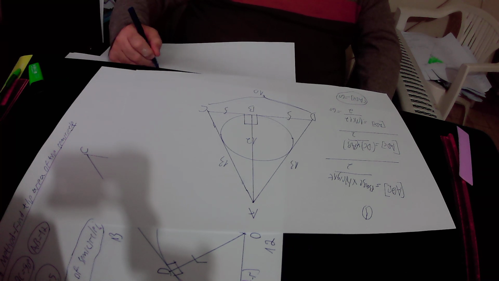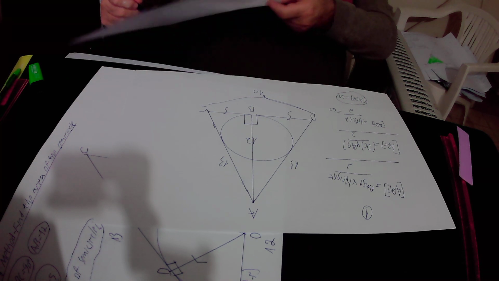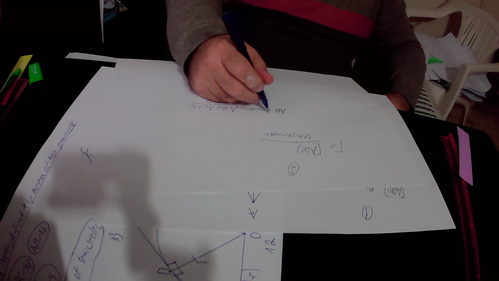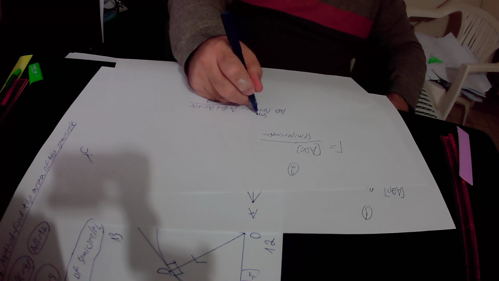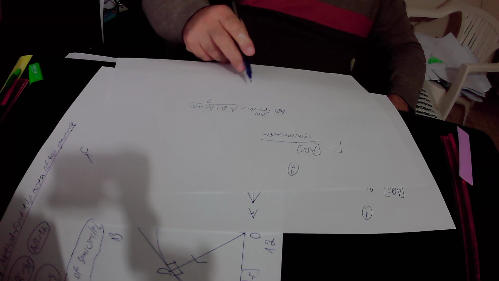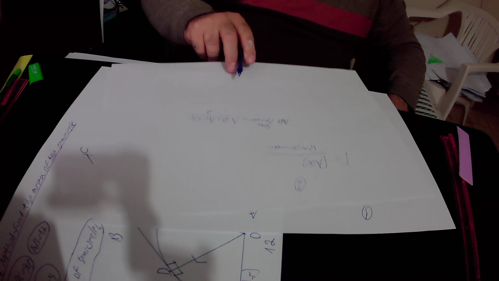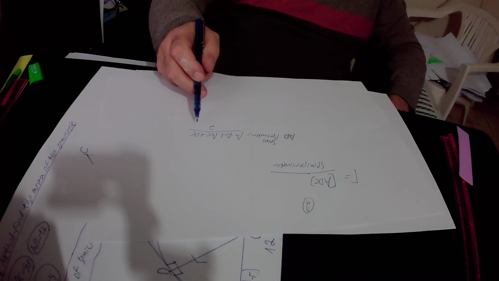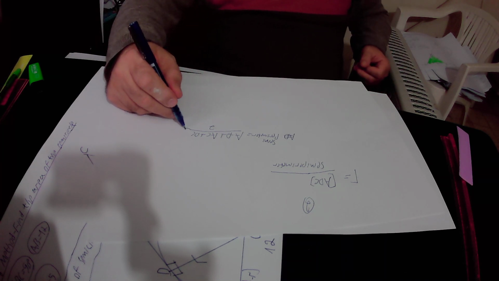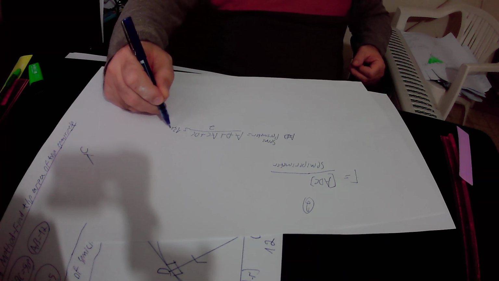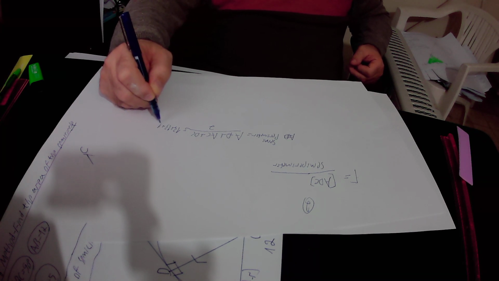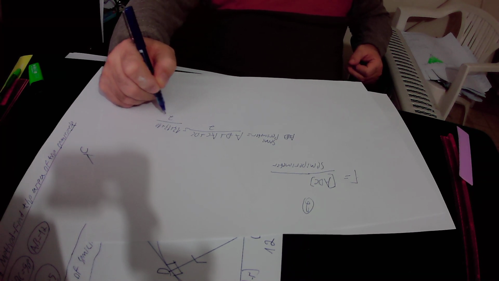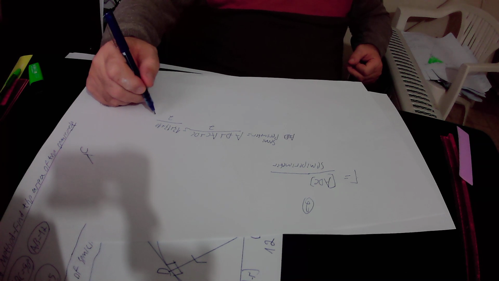I will repeat again, the semi-perimeter of triangle ADC equals the sum of its sides over 2. That is to say it is AD plus AC plus DC over 2. AD is 13, AC is 13, DC is 10, all divided by 2. 13 plus 13 is 26, 26 plus 10 is 36, and 36 over 2 is 18.